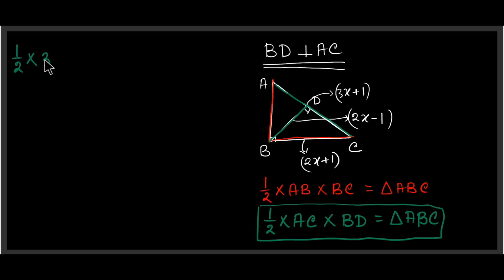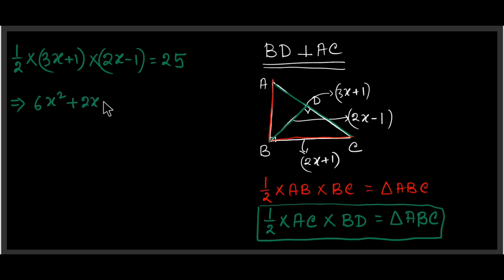AC is 3x plus 1 and BD is given as 2x minus 1 and the area is 25. So from this product we get 6x square plus 2x minus 3x minus 1 is 50. So 6x square minus x minus 51 equal to 0.